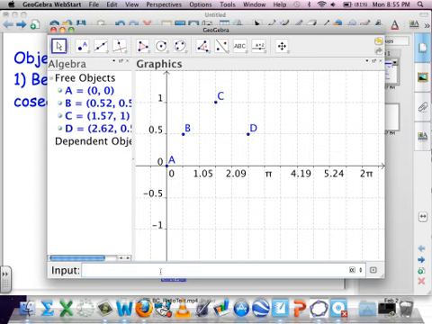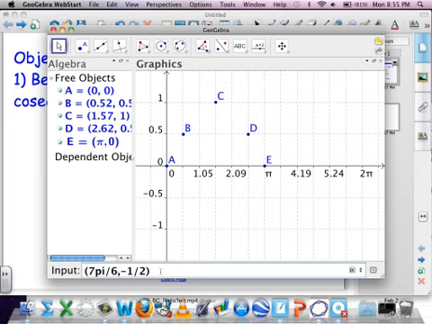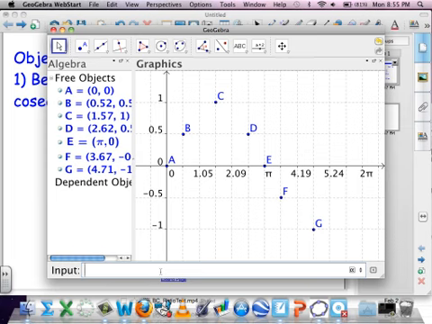I like the dot (pi, 0). I like the dot (7 pi over 6, negative 1/2). I like the dot (3 pi over 2, negative 1). I like the dot (11 pi over 6, negative 1/2). And then I like to finish with (2 pi, 0).